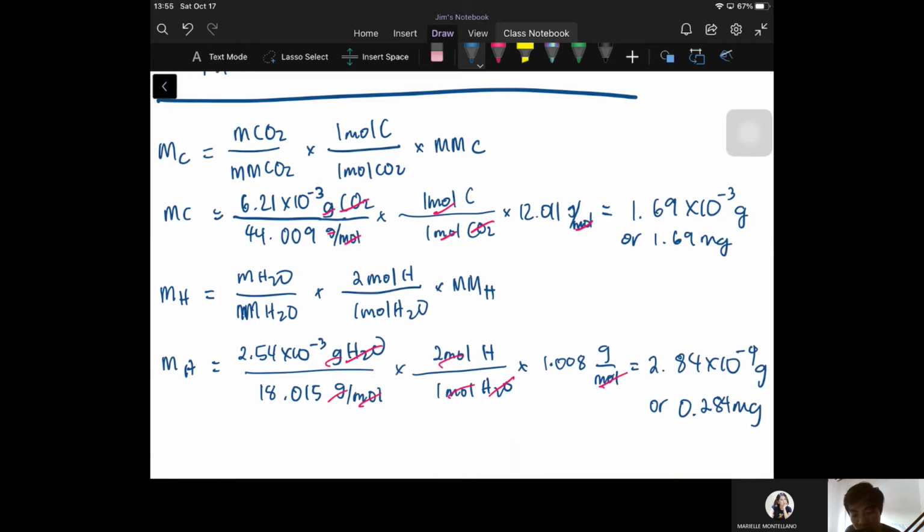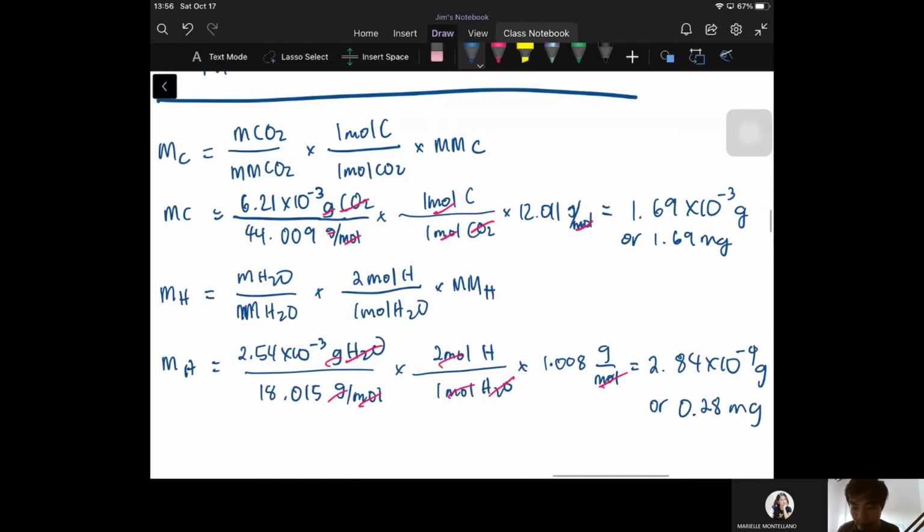Recheck ko lang ha. Okay, so that's 2.84 times 10 raised to negative 4 grams. Pag gagawin mo yung milligrams, times 1,000 lang. So that's 0.284 milligrams. Gawin ka ng 0.28 na lang kasi naka 2 decimal places yung isa. Anyway, okay lang naman yun.